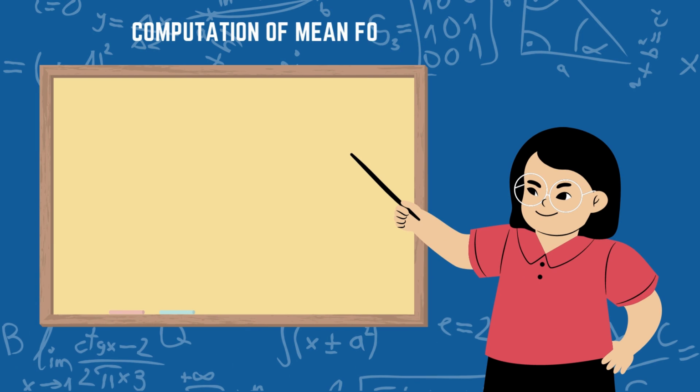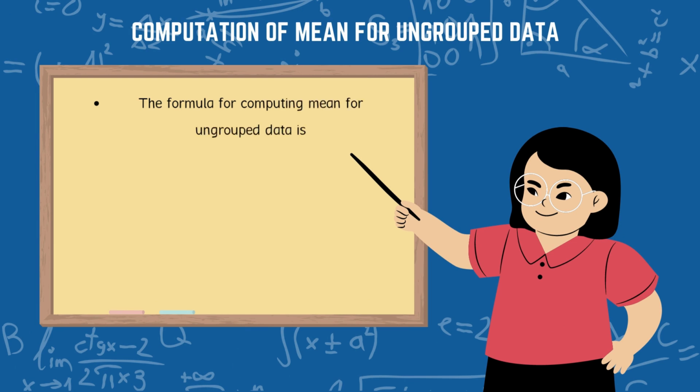When we go for the computation of mean for ungrouped data, there is a simple formula that you are aware of, how you calculate the average of any data set. Similarly we calculate the mean for ungrouped data.